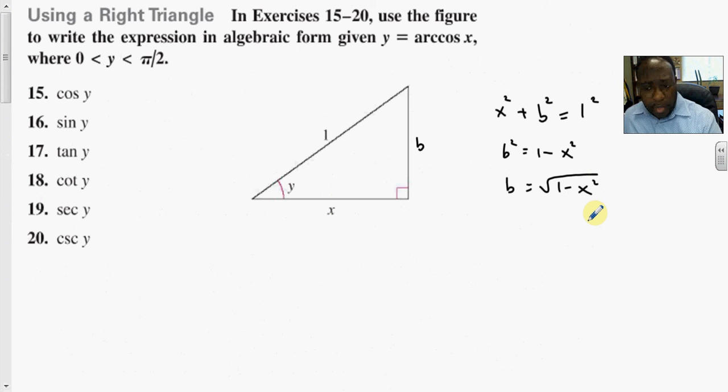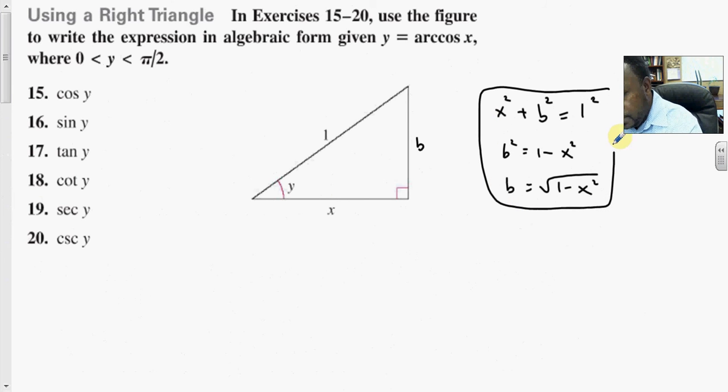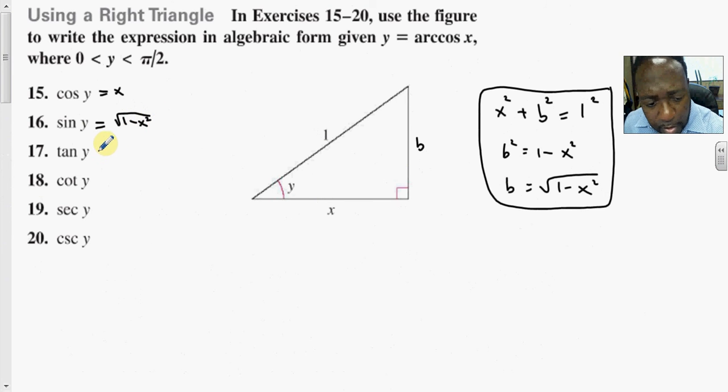So if that be the case, then the cosine of y is x divided by 1, or just x. Sine of y is the opposite over the hypotenuse. Well, the opposite is just the square root of 1 minus x squared. Tangent y is the opposite over the adjacent, so this is the square root of 1 minus x squared all over x.